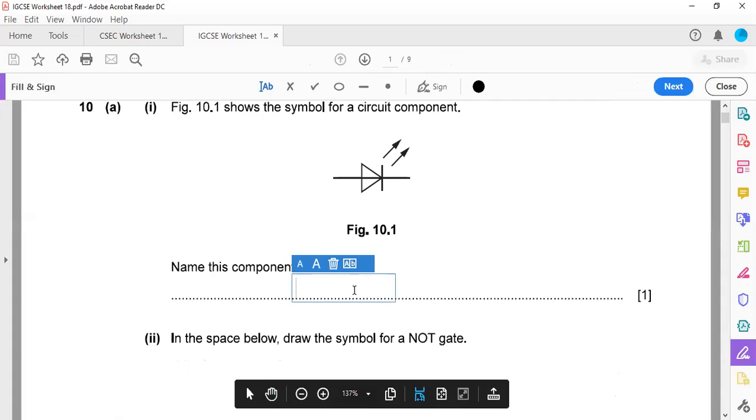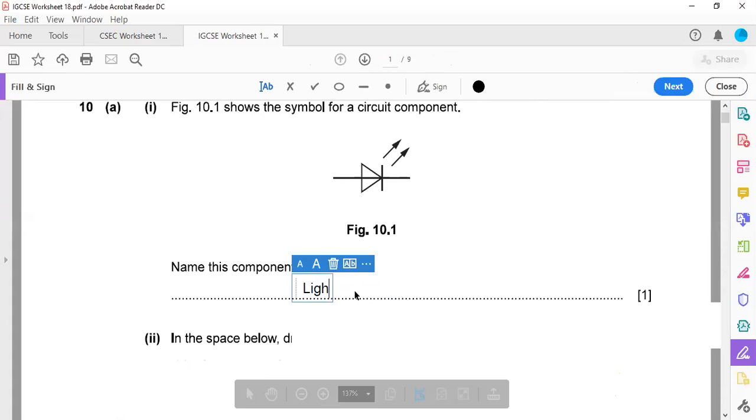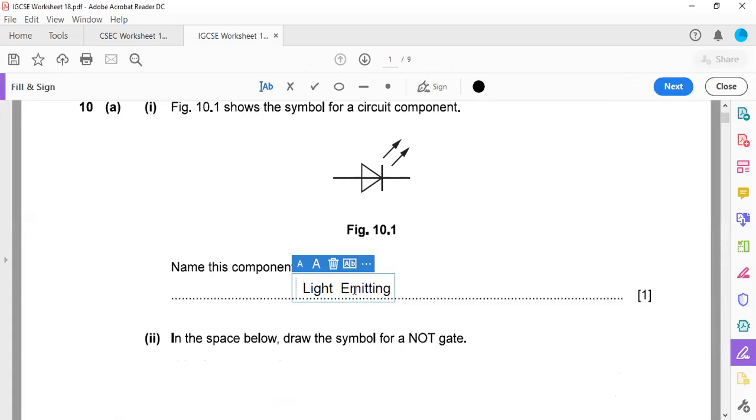It's a light emitting diode, also known as LED. You would have known that because most of the components that we buy now are LEDs, and I urge all students to use LED bulbs, save money. Alright, so that's our light emitting diode.